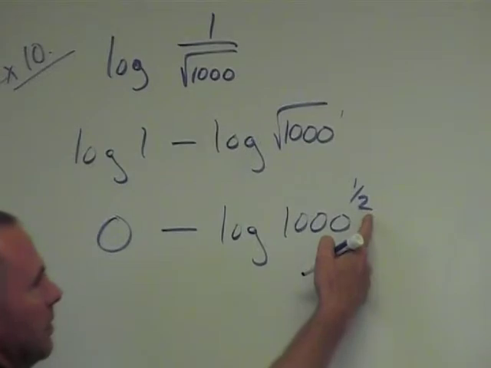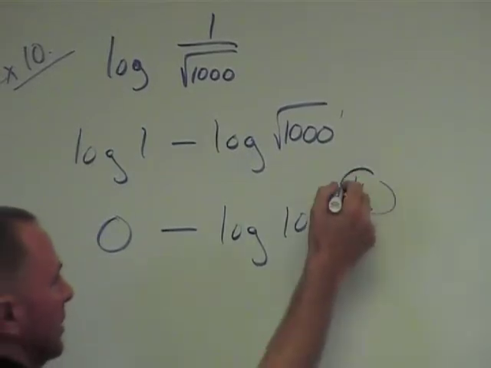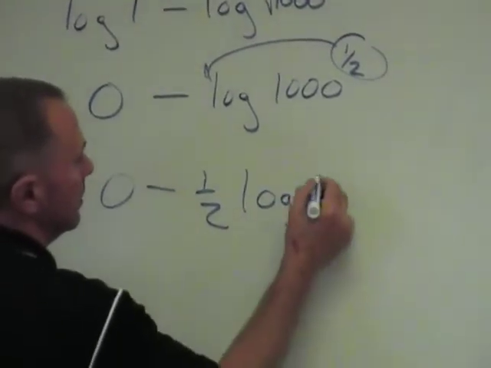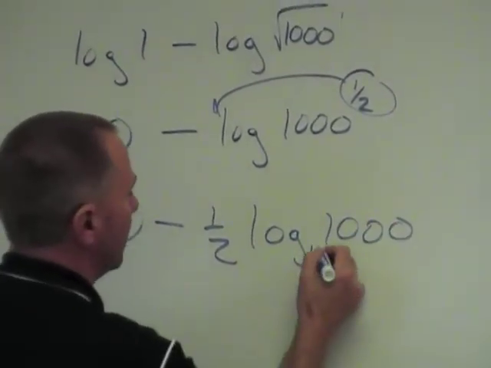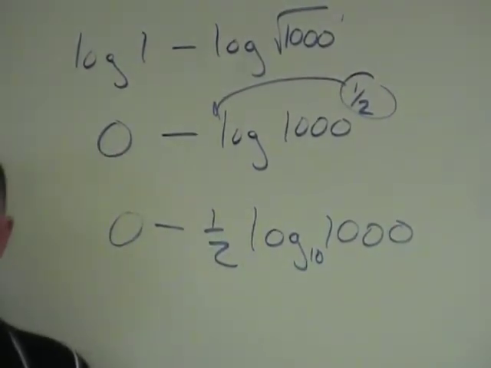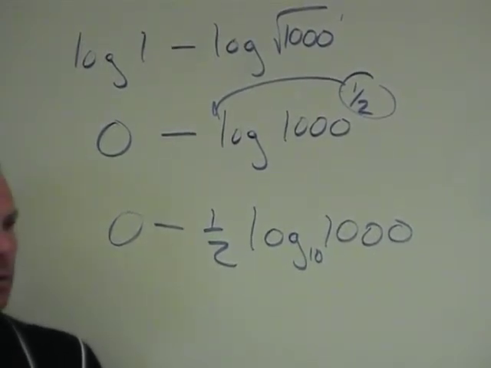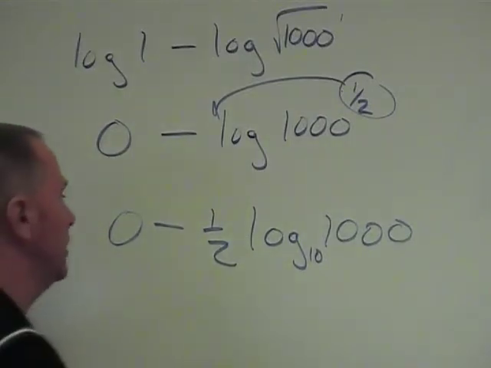Again, one of the laws, I can put this on the outside. So I have 0 minus 1/2 times the log of 1,000. Now what do you know about base 10 and 1,000? 10 to the first is 10, 10 squared is 100, 10 cubed is 1,000.